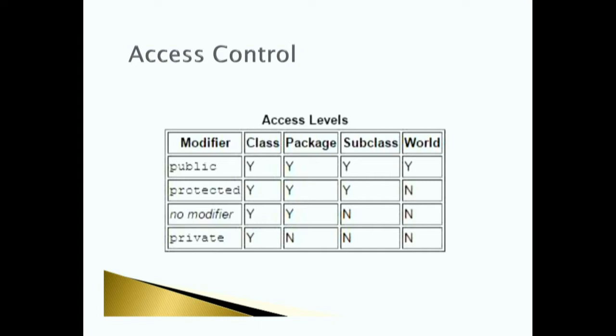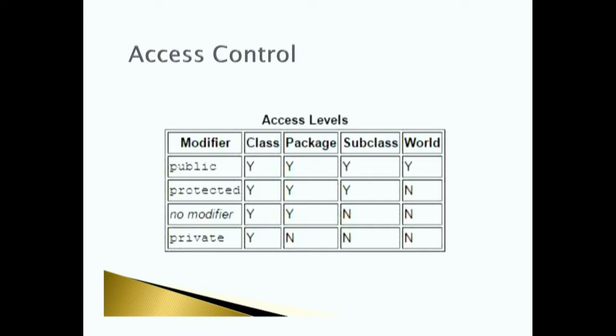Access control. I pulled this straight off of the Java API. I think this is very clear as to what the access modifiers are doing. When you have public, your class can access it, everything in your package can access it, your subclasses can access it, and then everyone else can access it.